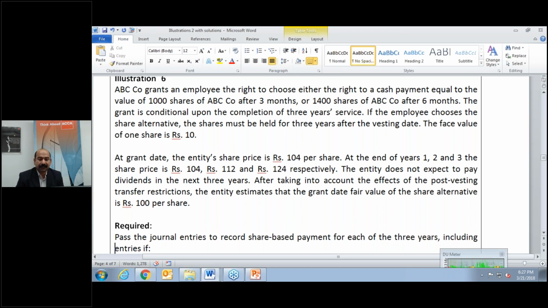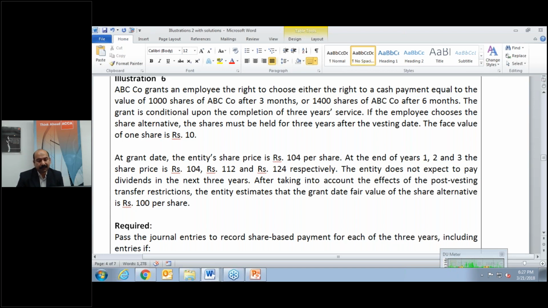The grant is conditional upon the completion of 3 years' service. If the employee chooses the share alternative, the shares must be held for 3 years after the vesting date. The face value of one share is rupees 10. At grant date, the entity's share price is rupees 104 per share. At the end of year 1, 2, and 3, the share price is rupees 104, rupees 112, and rupees 124 respectively.